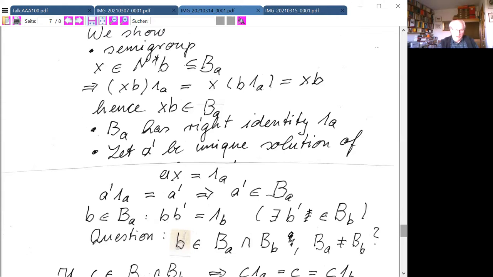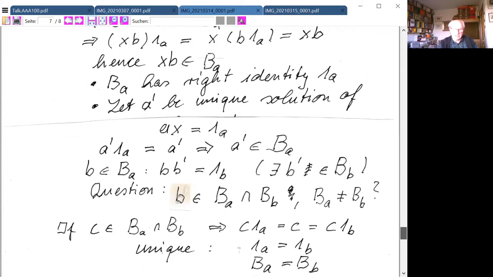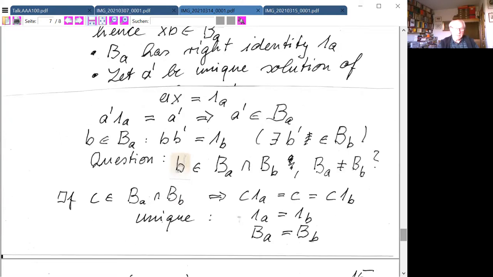Well, then we have 1 prime, A sub A is 1 prime, and this implies that A prime is in B sub A, and if B is a right inverse of B in B sub A, there must be such an inverse because of the planarity condition.